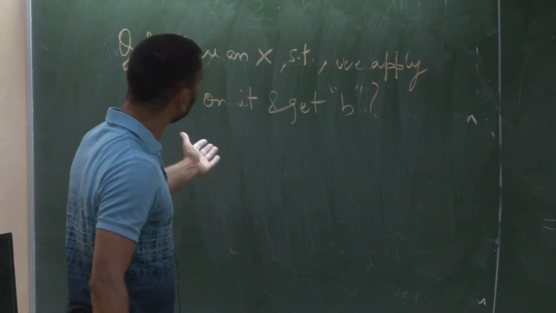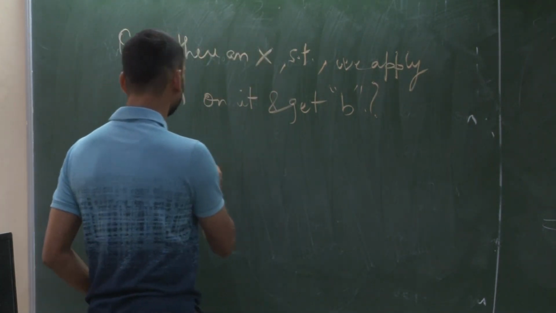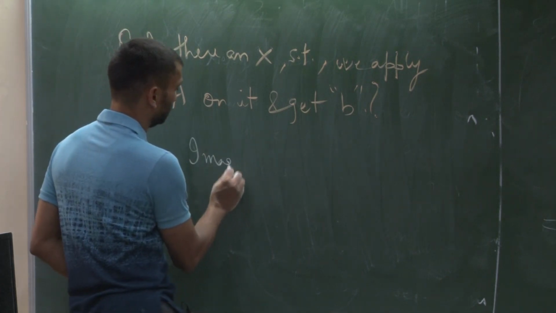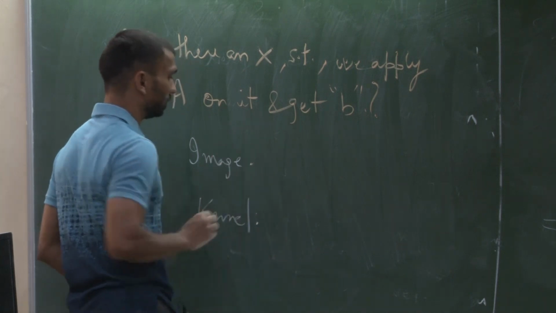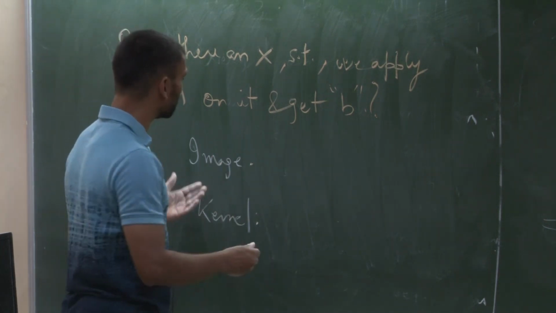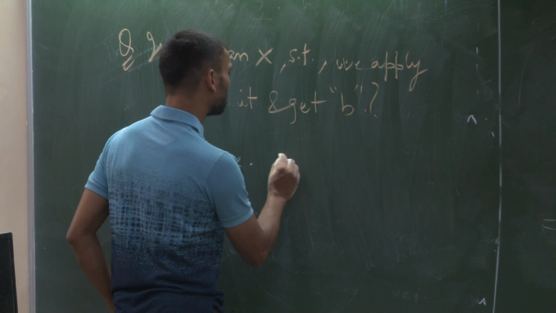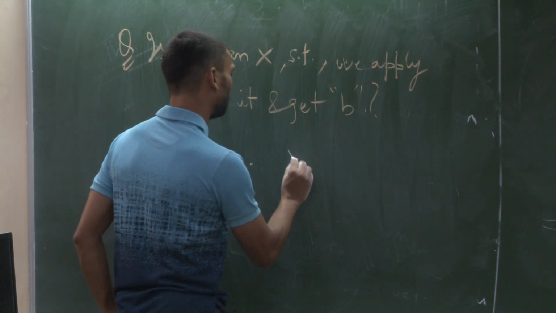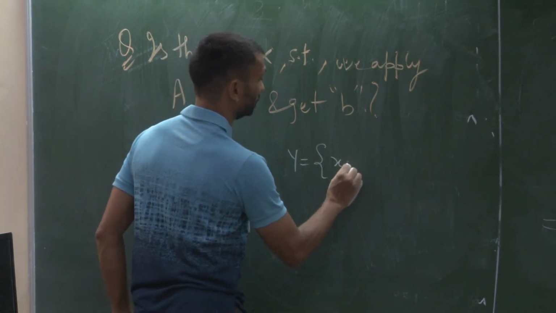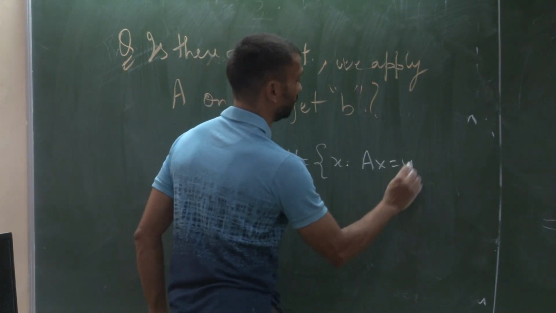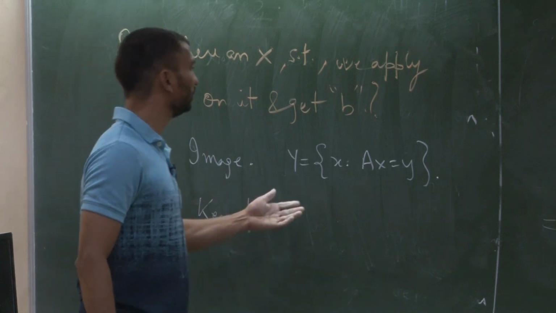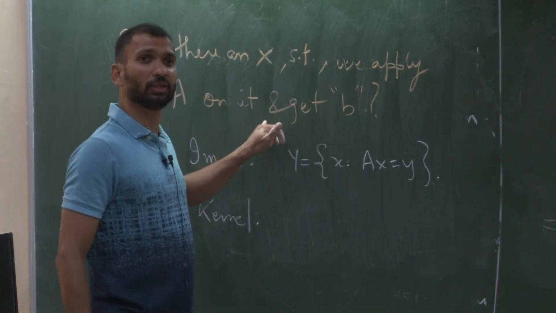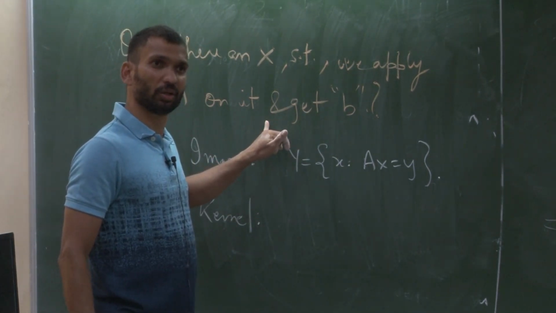And then if you want to study this, obvious things to talk about are the image and the kernel of the matrix. What is the image? Image is the set of all y, right. So then we are asking, is b part of the image of A?